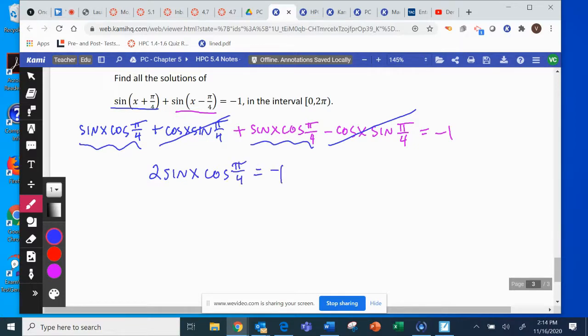So now I'll go ahead and do the pi over 4 because I don't have to do as much work. 2 sine x multiplied by square root of 2 over 2 equals -1. So we got to solve for x. Philip, what can I do?